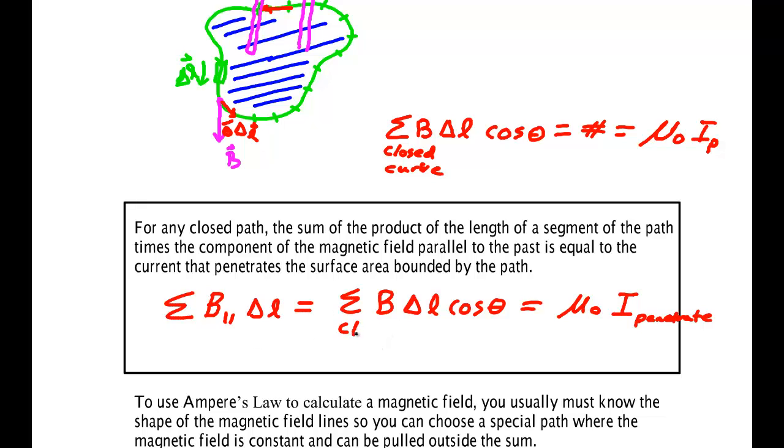This must be over any closed path. It does not matter the shape of the closed path. If you change the shape of the path, you'll change the blue sheet.